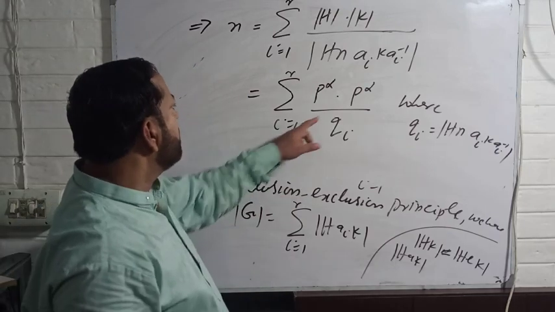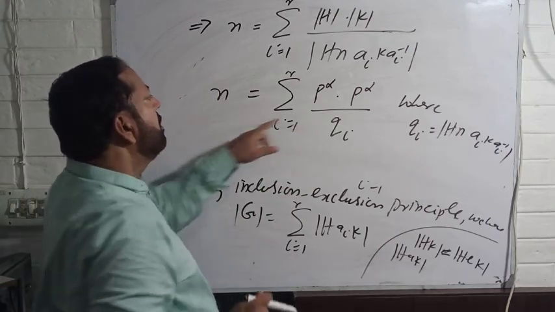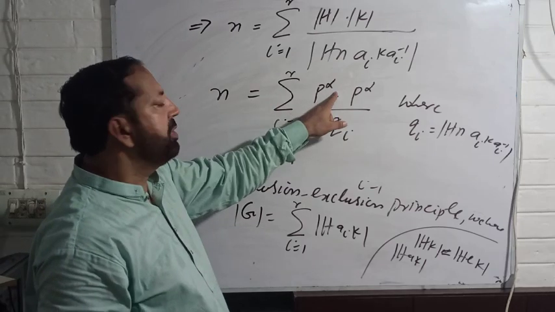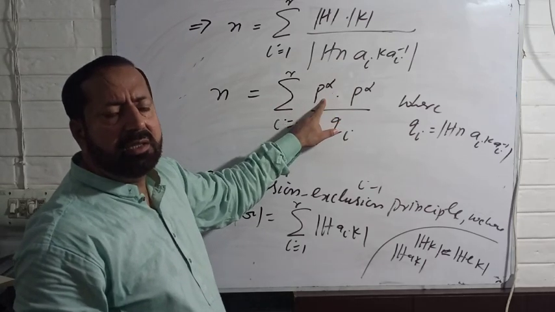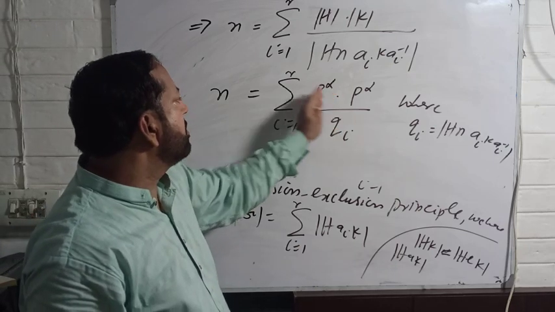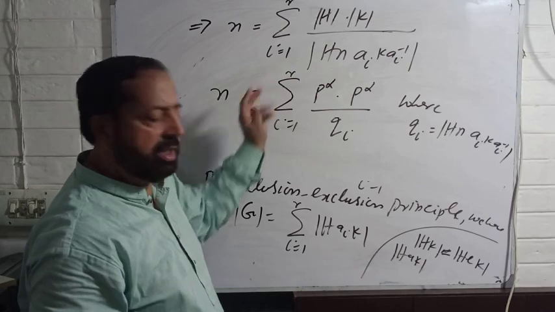Okay, so this is n. Since the summation is over I, that's why this p power alpha is free from this summation, so you can keep it out of the summation as well, right?